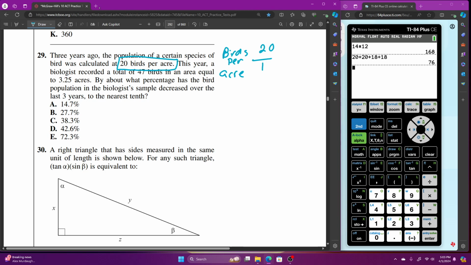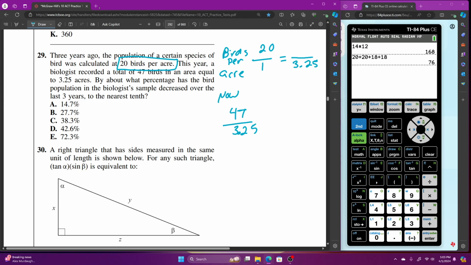Now, birds per acre, we have 47 birds to 3.25 acres. So the easiest way for me to compare is to say if there was 20 birds per 1 acre, how many birds would there have been 3 years ago per 3.25 acres? And I'm just going to do equivalent fractions. I'm going to work with equivalent fractions.